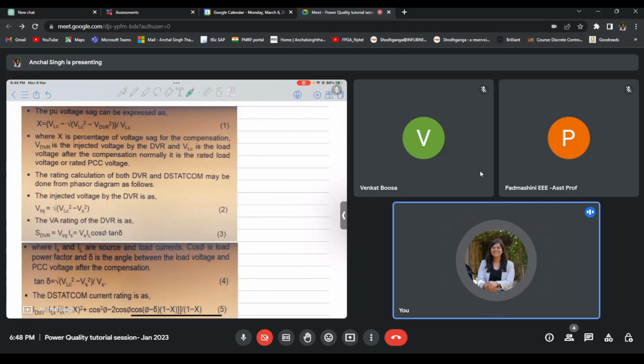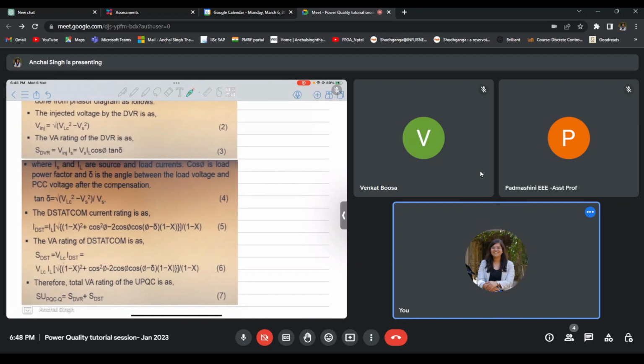Similarly, since we know the source current rating of the supply and the injected voltage of the DVR, the product of the two will give us the apparent power of the DVR. Now, this IS is equal to IL cos phi into tan delta. This expression comes because this current depends on DStatCom. And this tan delta is defined as this.